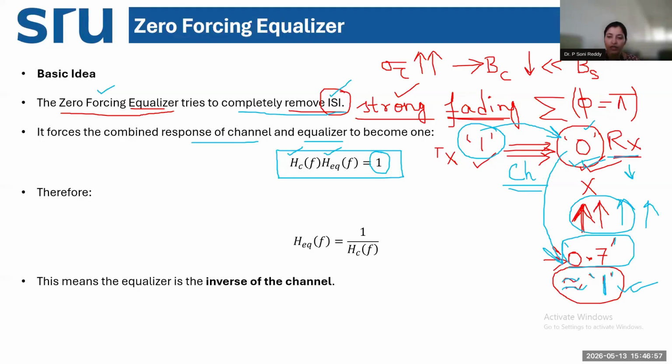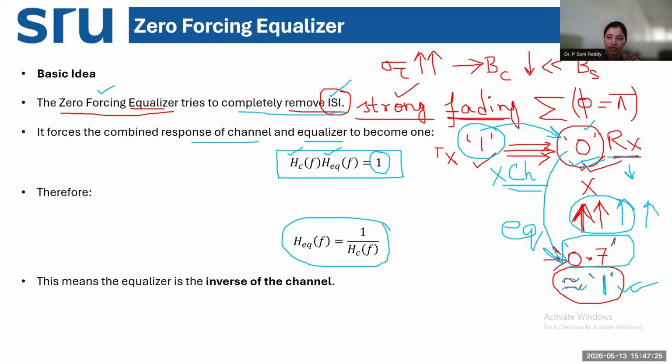So what is the equalizer doing? The equalizer is negating the effect of the channel. Negating means it is acting as an inverse of the channel characteristics. Inverse means just the reverse characteristics. Just the reverse means if the channel is causing 1 to be represented as 0, the equalizer will try to reverse this operation.